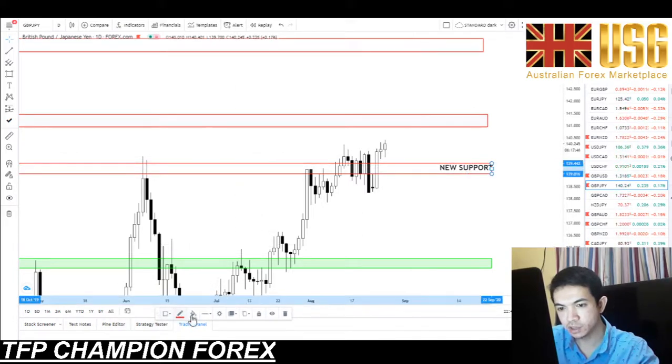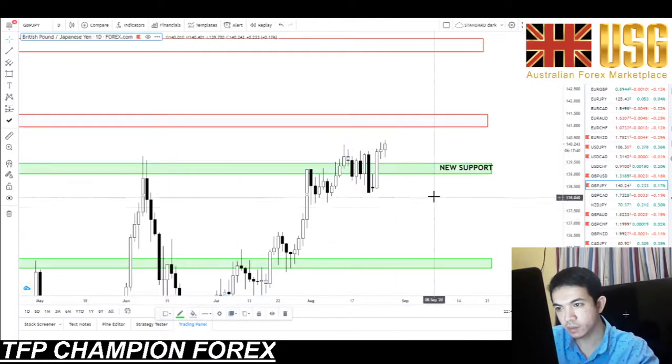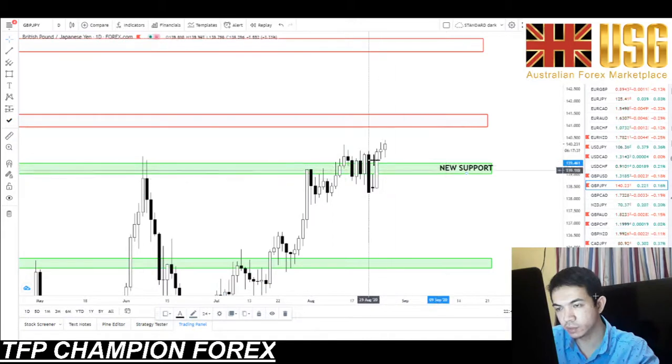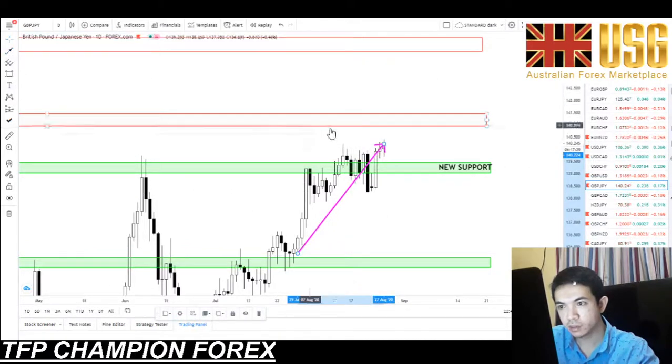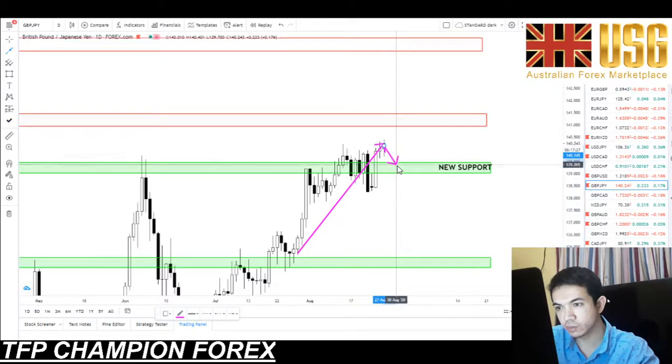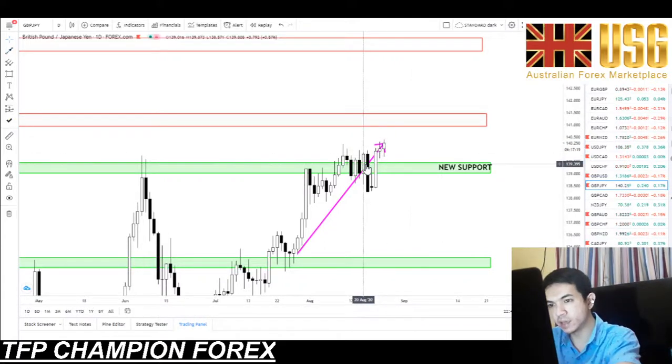You can change this to green color. Oops, sorry. Right, becomes new support. Why? The price broke through. So we know that when a certain level is broken, the price would react to the previous level prior to going to the next level. All right, that is our basic initial analysis.